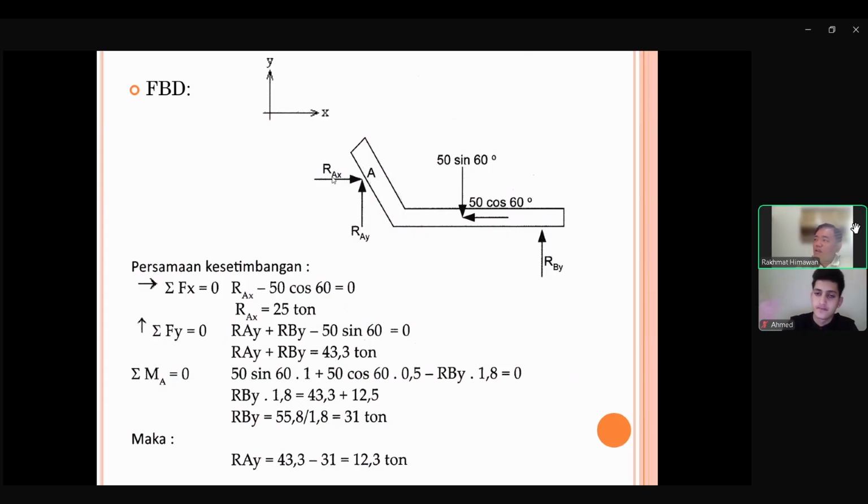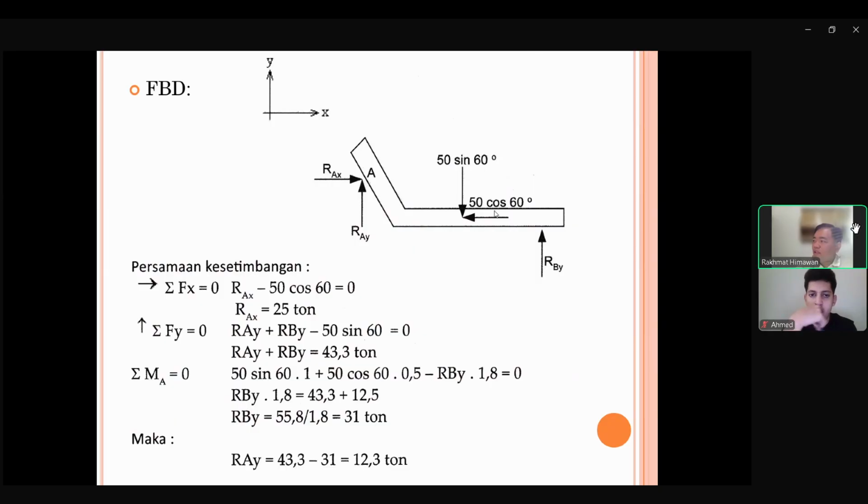For example, in point A, RAX has zero moment because it's just going to A. RAY also has no moment to A because there is no distance. It's going to A. But 50 sine 60, 50 cos 60, and RBY have a moment because they have distance to the point A. So in this case, if we choose point A as the sigma moment equal to 0, that means we need to find out RBY because this is the only one that we don't know.